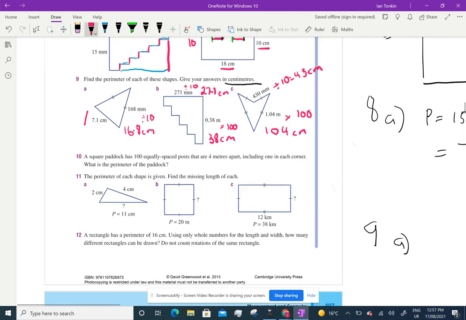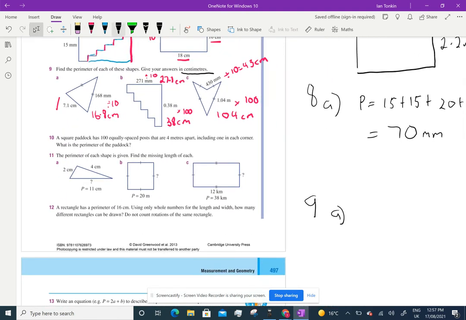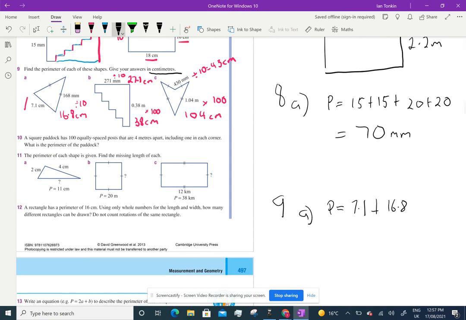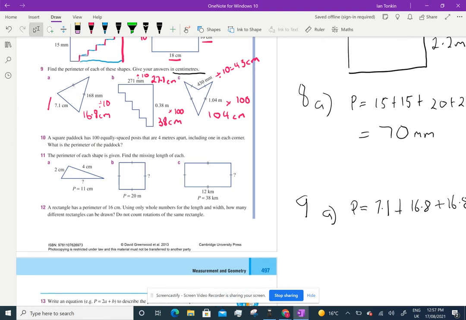So 9A. I've got 7.1 plus 16.8 plus 16.8. How do I know that was the same? Because it's got the symbol on it. Look here and here. Those two sides are the same.